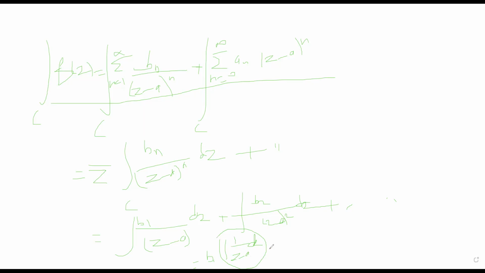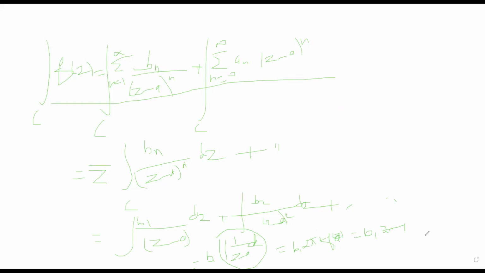So by Cauchy's integral formula, this is equal to b1 into 2 pi i into f of a. Since f of z equals 1, f of a is also equal to 1. Therefore, this is equal to b1 into 2 pi i.